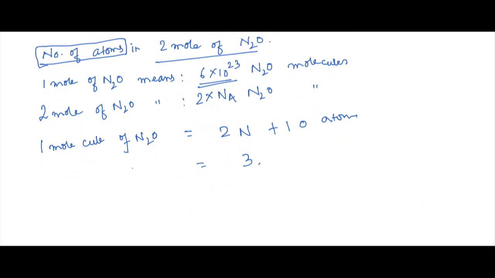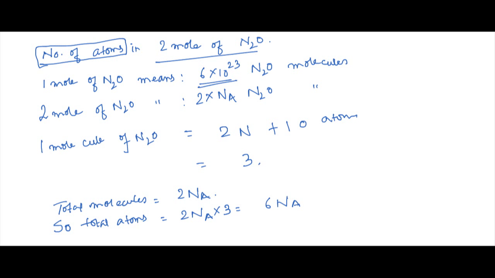But how many molecules have we got in 2 mole? Total number of molecules is 2Na. So total atoms is equal to 2Na into 3, that is 6Na.